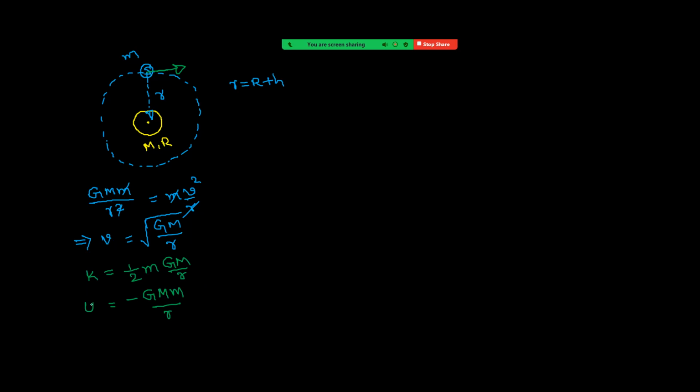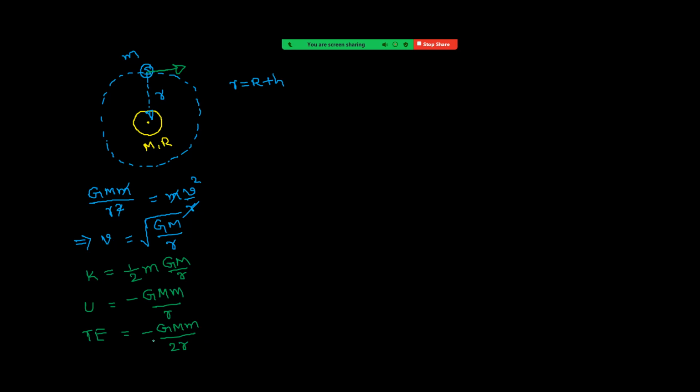If you take the sum of these two, that gives total energy, which is equal to minus G M m by 2r. So this is the total energy of that satellite in that orbit.